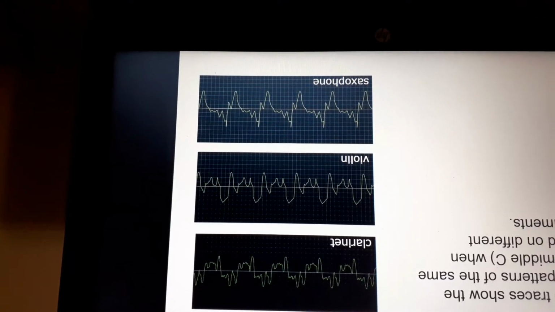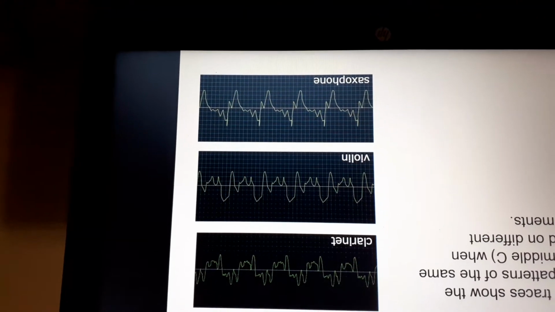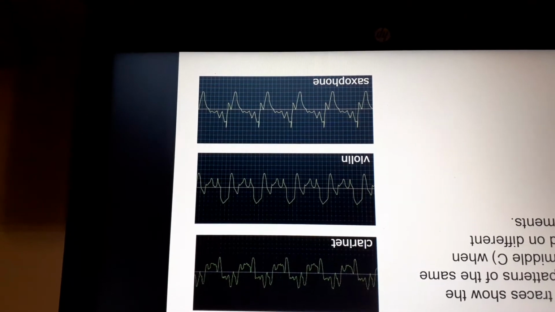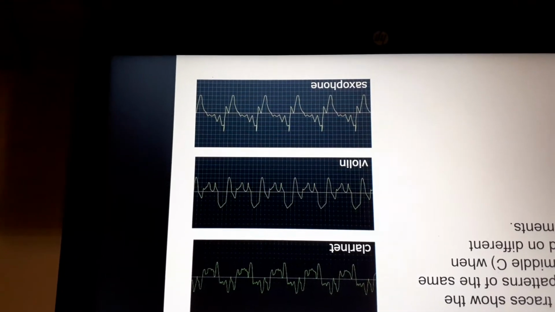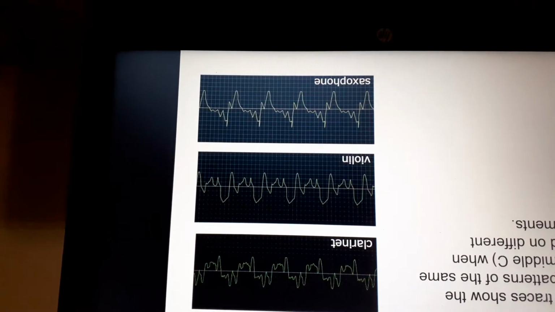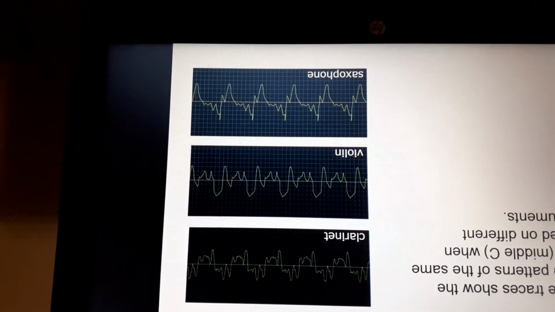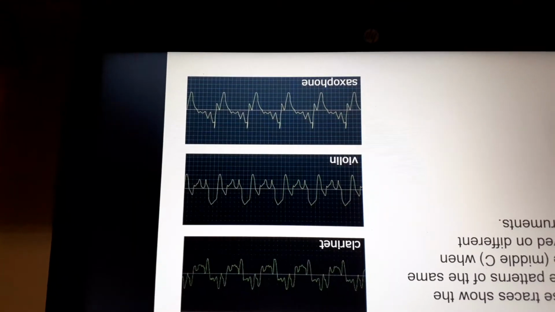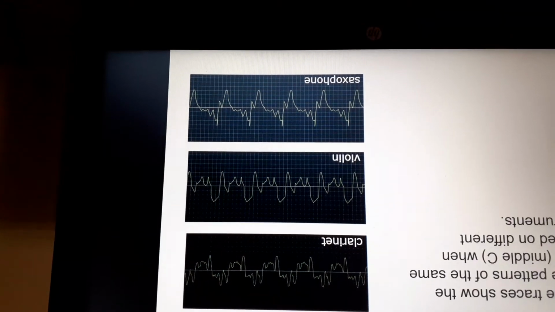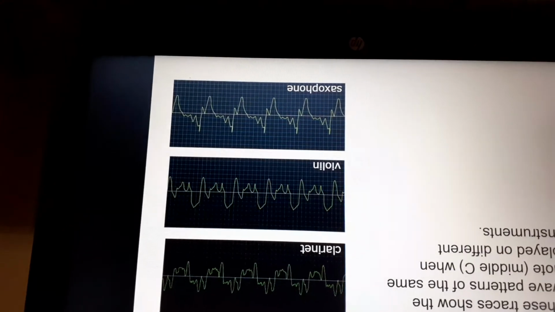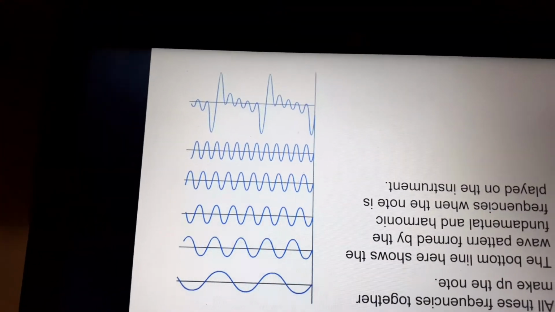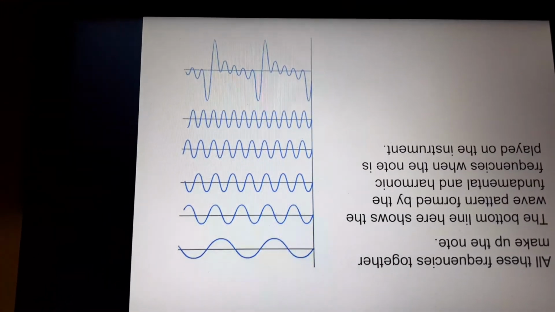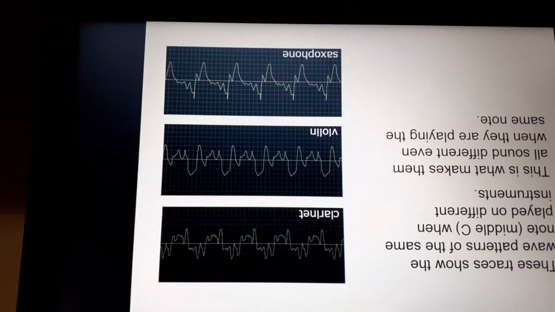So different instruments produce different types of waves, just as different letters from your mouth produce different waves as well. It's absolutely fascinating, isn't it? Usually we just see waves as these things going up and down, like you see here. Okay? But no, they're a lot more interesting.